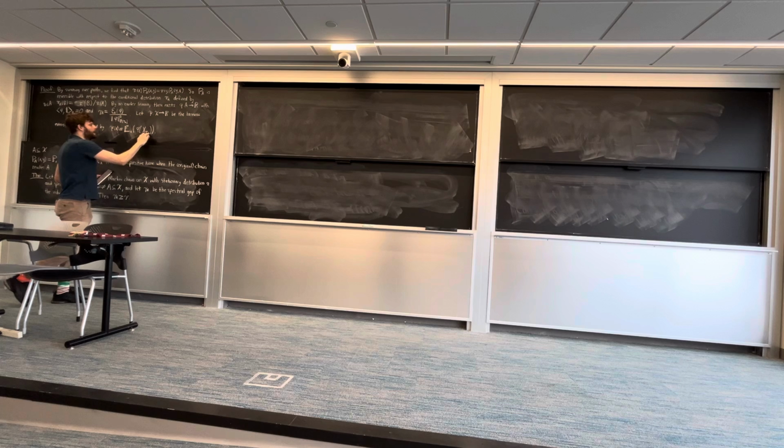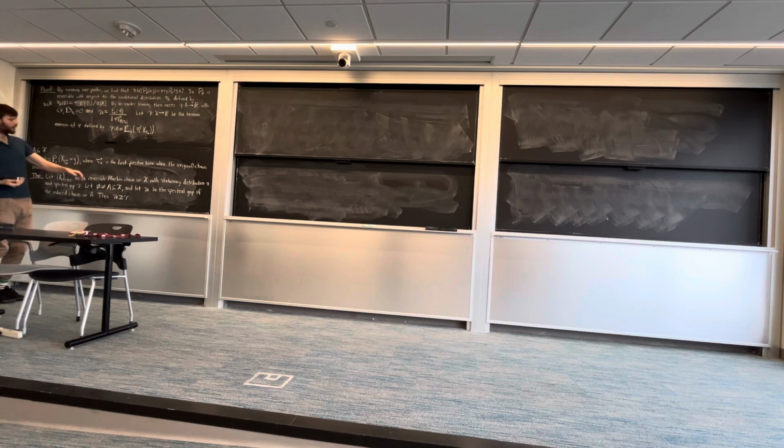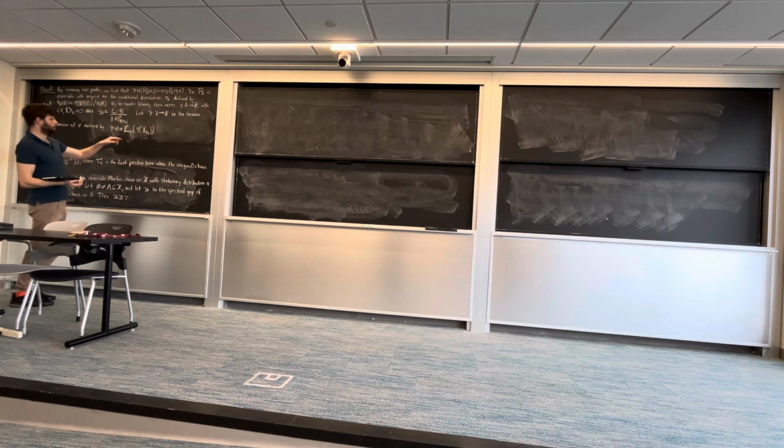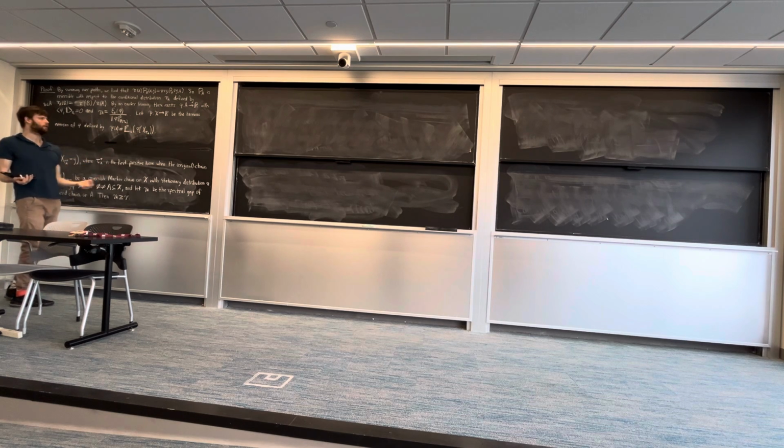So tau A is the same as tau A plus, except it could be 0. So if you're starting at a point in A, then tau A is going to be 0 because you're already there.